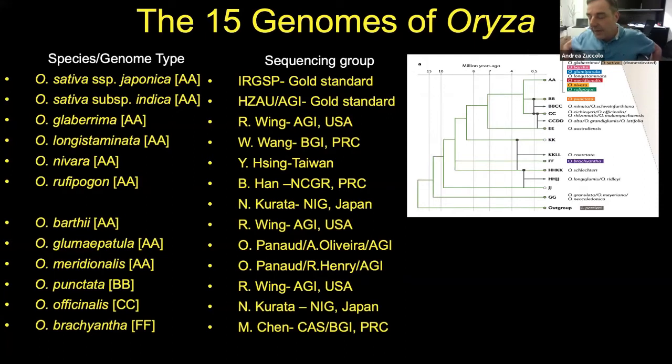Later on, we had the possibility to deal with entire genome assemblies. Here are listed some of them, and along with the species is specified which group took the lead in the genome sequencing and assembly.